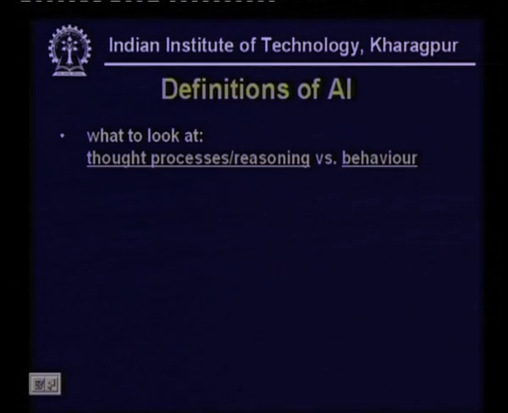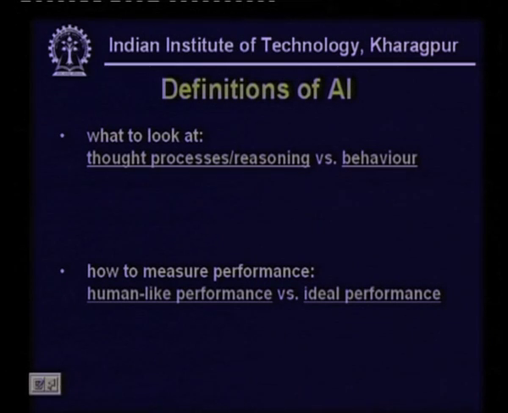So based on this criteria, we can look at the different ways of defining AI. We may look at thought processes or reasoning versus behavior. We may look at human-like performance versus ideal rational performance.